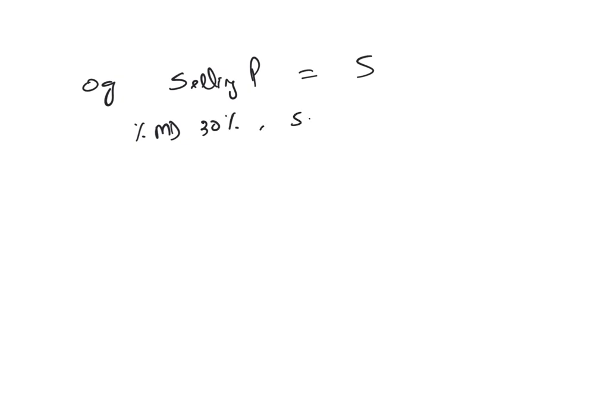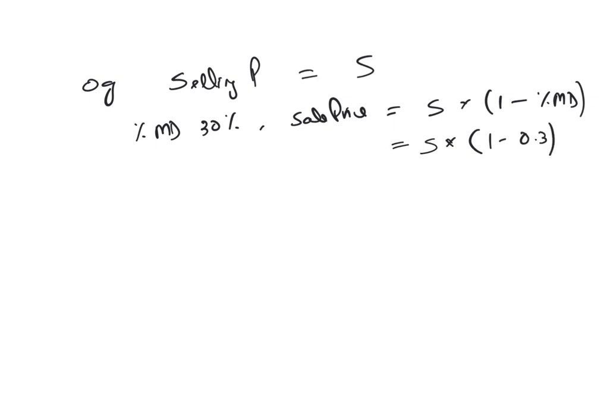Then my sale price is my selling price times 1 minus my percentage markdown, which is my selling price times 1 minus 0.3, or my selling price times 0.7.